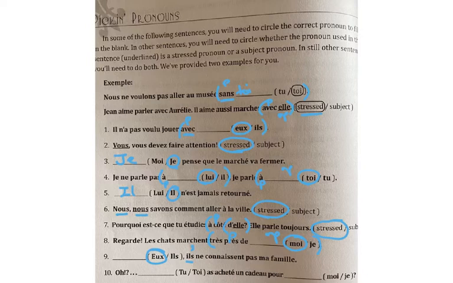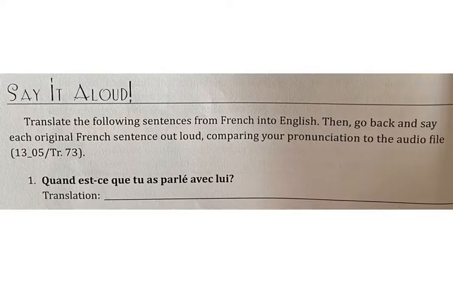Blank a acheté un cadeau pour blank. Okay. We need a subject, don't we? So we're looking for our subject pronoun tu. Tu as acheté, you bought, un cadeau, a gift, pour, for. I see a preposition. I'm looking for an object of the preposition, which would be a stressed pronoun. Moi is the stressed pronoun.